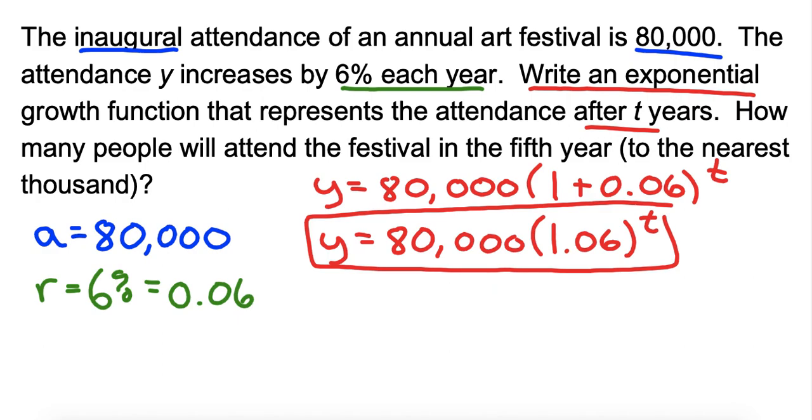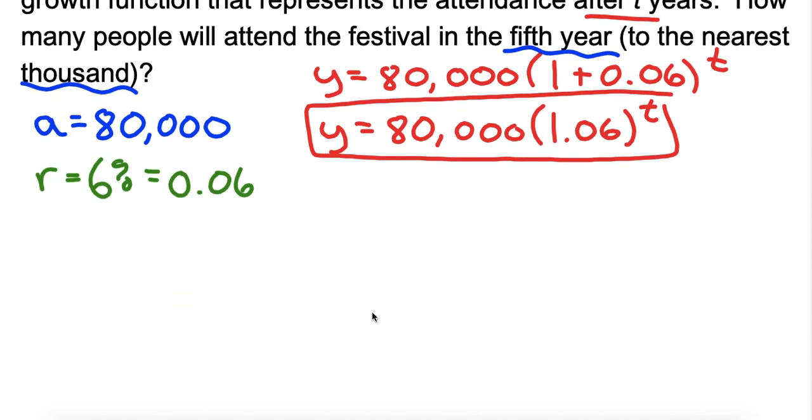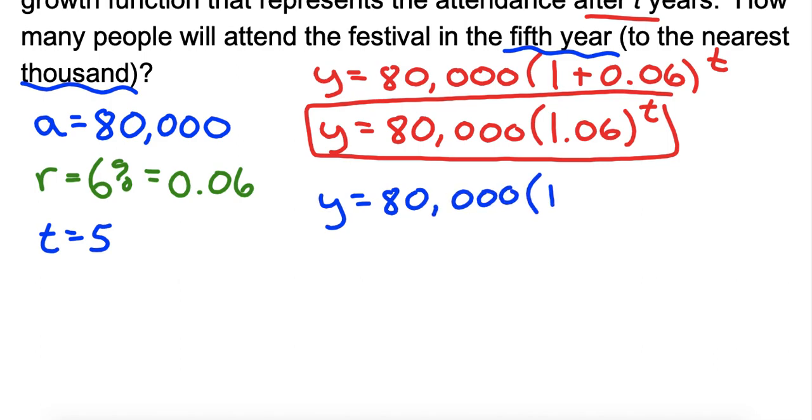Now, they do then ask us about the 5th year to the nearest 1,000. To find that, we're going to use the formula we just created and plug in 5 for t. So y equals 80,000 times 1.06 to the 5th. The easiest thing here is to type that in your calculator.